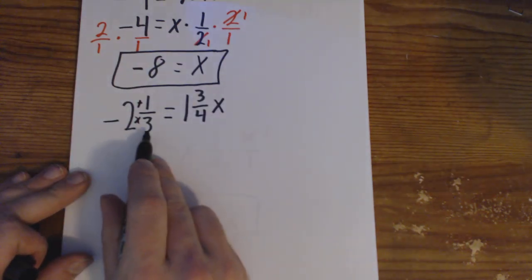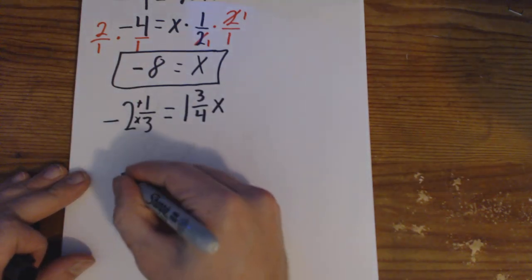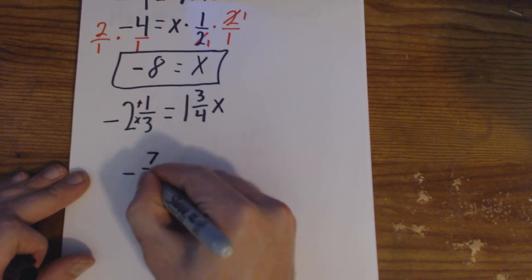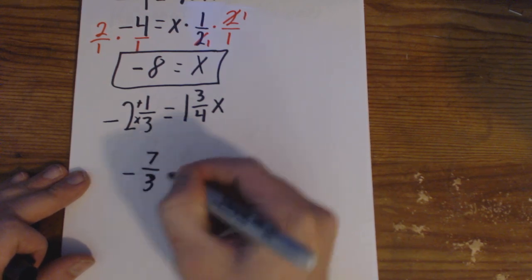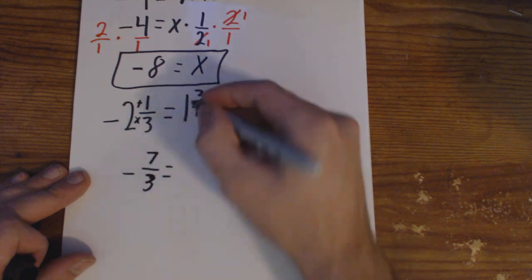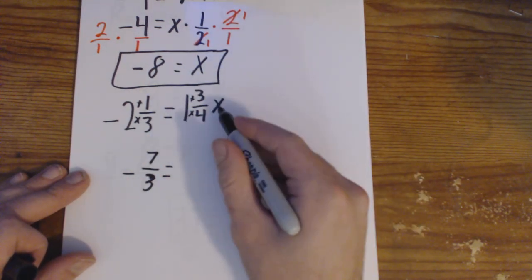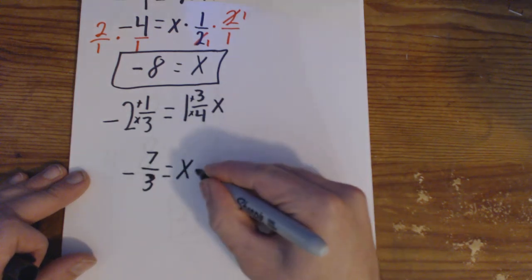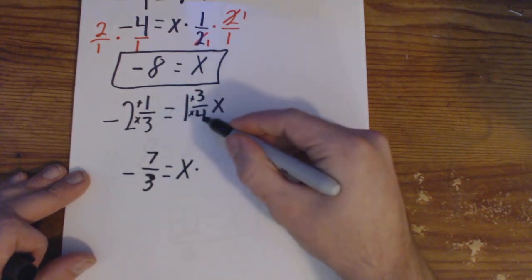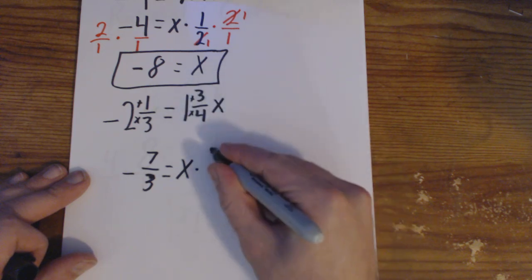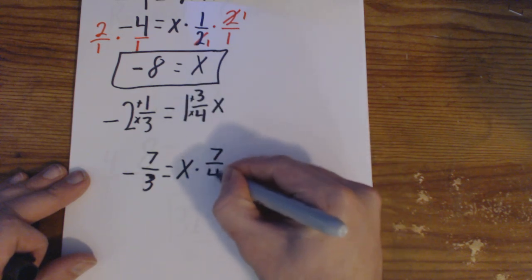We're going to take 2 times 3, which is 6, plus 1 is 7. We're going to get -7/3. Do the same thing over here, times and plus. And in the same step, I'm going to switch this order. I'm going to put x in first, 1 times 4 is 4, plus 3 is 7. 7/4.